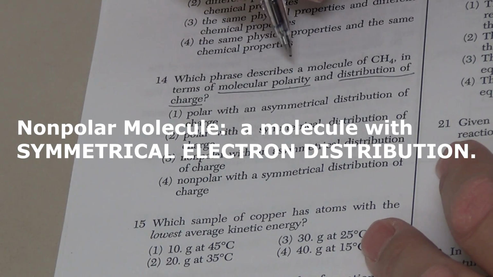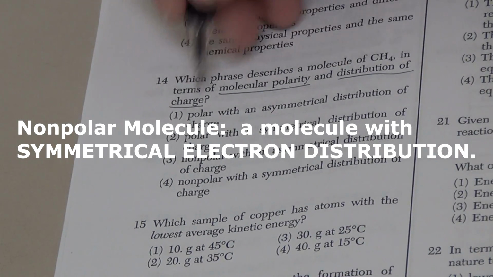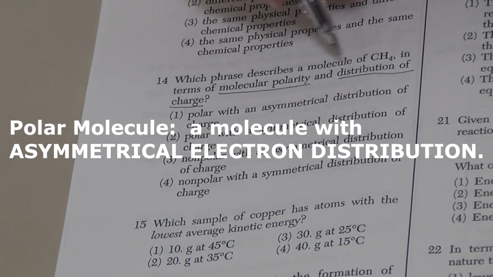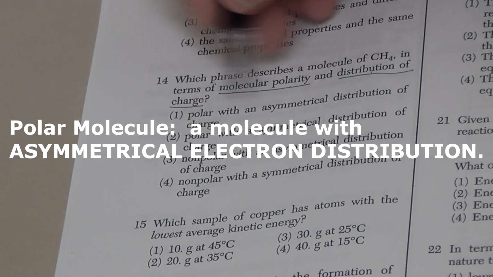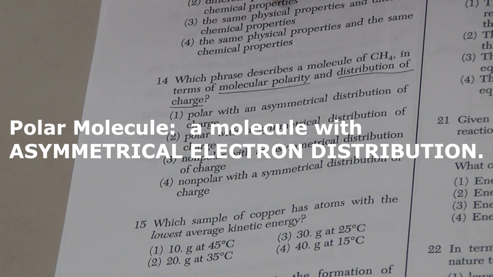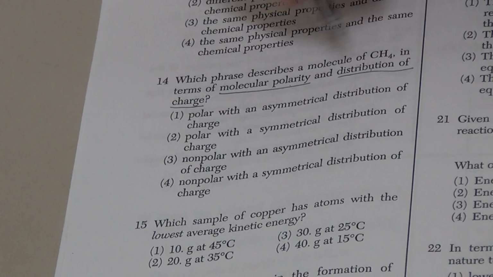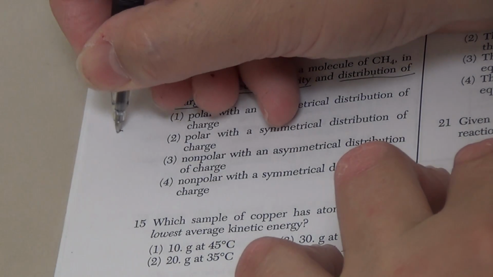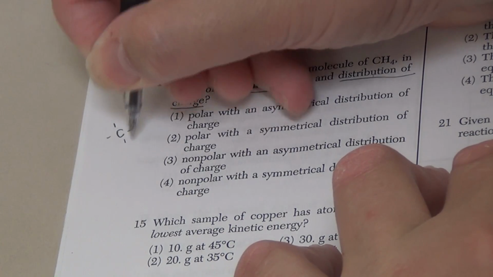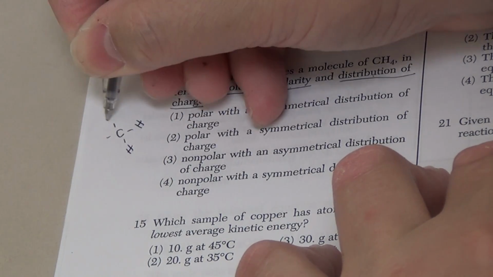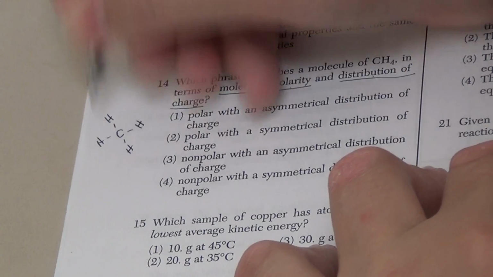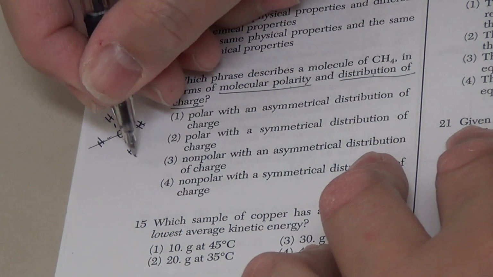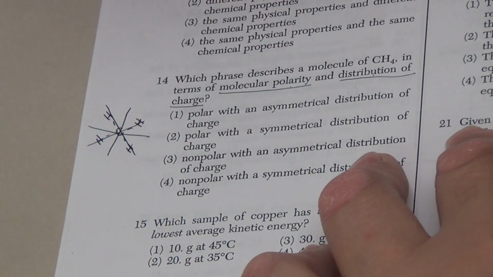A molecule with a symmetrical distribution of charge will be nonpolar, and an asymmetrical or non-symmetrical distribution of charge will be polar. Now, what about CH4? Well, let's sketch it. CH4, there we go. It looks like it's symmetrical in more than one direction.